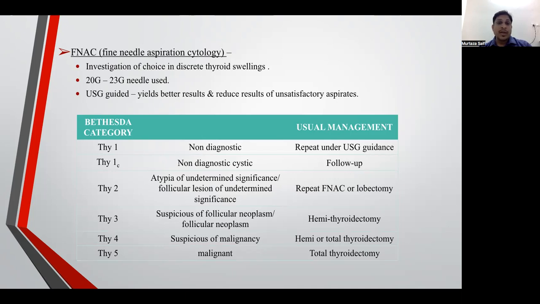Category 2, benign. Category 3, atypia of undetermined significance and follicular lesion of undetermined significance: management is repeat FNAC or lobectomy. Category 4, suspicious of follicular neoplasm: hemithyroidectomy is done. Category 5, suspicious of malignancy: hemi or total thyroidectomy should be done. Category 6, malignant: total thyroidectomy is indicated. So this is the category, its significance, and management.